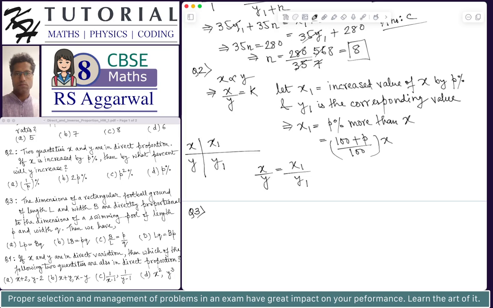Now what is x1? We have already computed x1 to be 100 plus p divided by 100 multiplied by x. So x1 by y1 becomes this divided by y1.